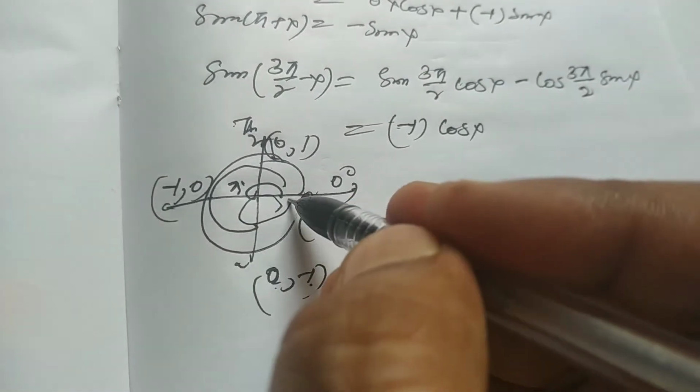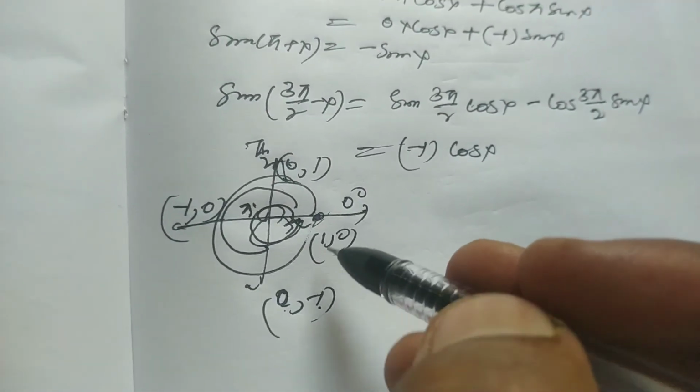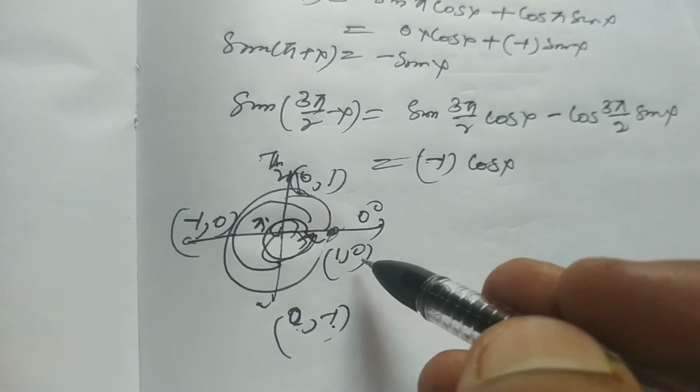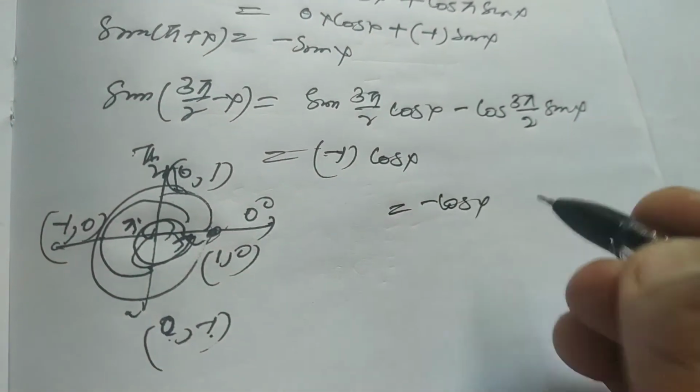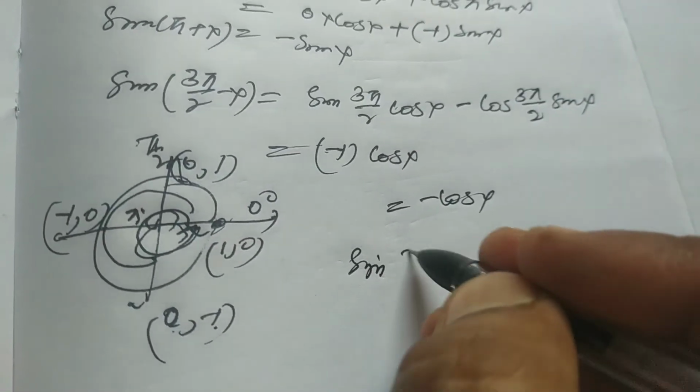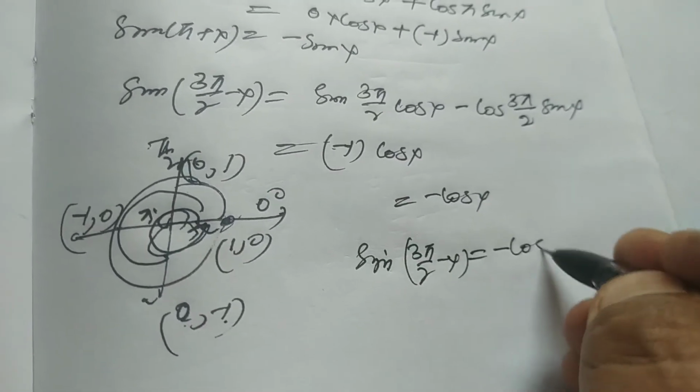And that is 2pi, the whole angle, which means cos 2pi is 1 and sin 2pi is 0. Look at this one. Then we have minus cos x. So now sin(3pi/2 - x) is equal to minus cos x.